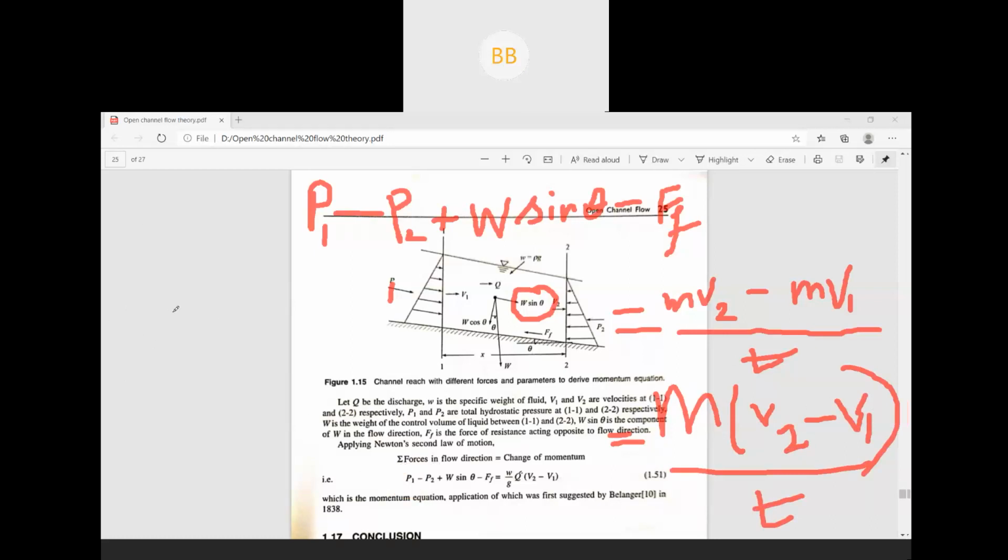So mass we all know, forget about weight, density. Okay, density equal to mass by volume.